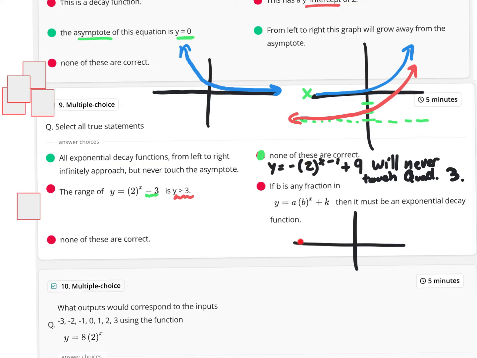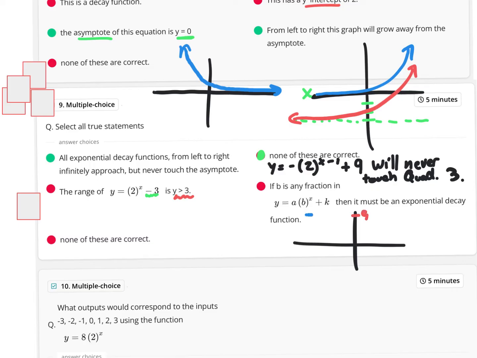So growth functions look like this. They go up, right? But because of the negative, it's going to grow down. And it shifts 1 to the right. You're not really going to be able to visually see that difference on a sketch. So it's still going down, but the k value is 9, so it shifts all the way 9 up. So what we have here is a graph that's way up here, let's say at 9.